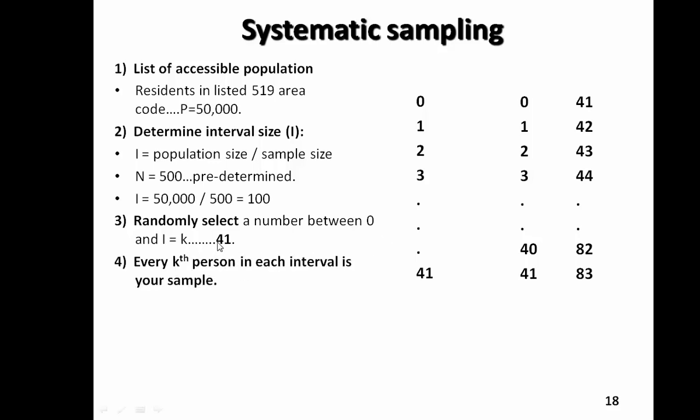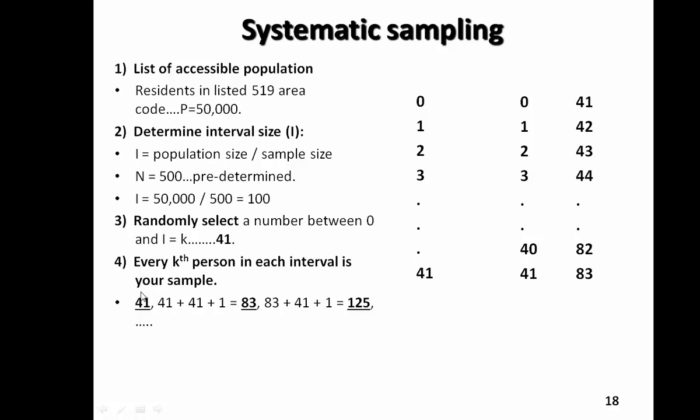Every 41st person in each interval now becomes part of the sample. And so the very first person that is selected in the population of 50,000 from the 519 area code, listed in alphabetical order, is the 41st person.